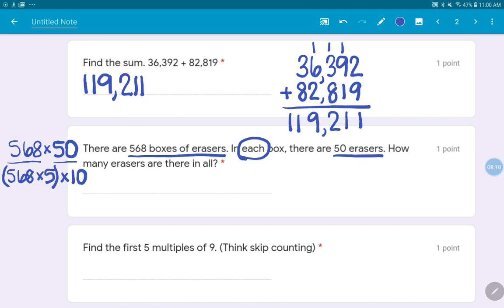So 568 times 5. I can do 500 times 5 equals 2,500. Very good. And you do 6 times 5, which equals 200. Wait, no. 6 times 5 is 30. Oh.